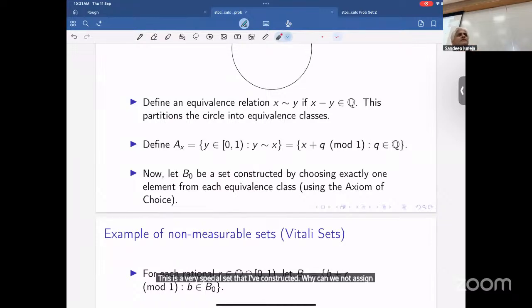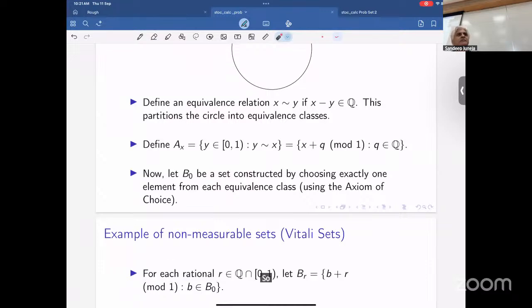Well, you have to go back to how we assigned measure. First of all, it's clear that if we assign measure to this set, we run into a problem: if we assign positive measure, we have a problem, and if we assign 0, we have a problem. Why could we not assign measure using our methodology? Our methodology was to assign measure to intervals, then to unions of intervals, and the Carathéodory theorem tells us that it extends to a sigma algebra containing those intervals.